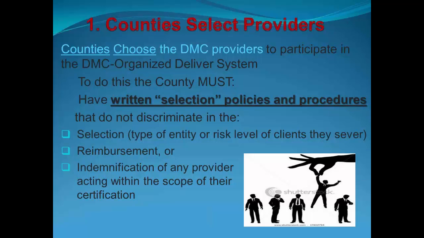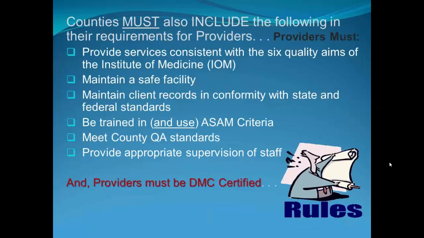And these may be some high-risk NTPs, NCPs. You can't limit anyone that serves somebody who's a high user of high-cost services, say criminal justice, nor can the selection processes, policies, and procedures discriminate against reimbursement or the indemnification of any provider.